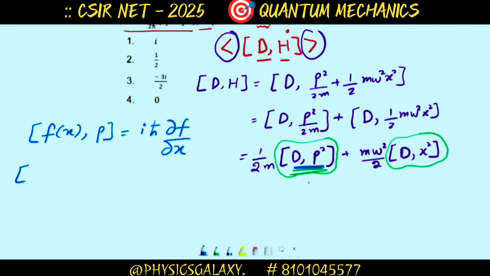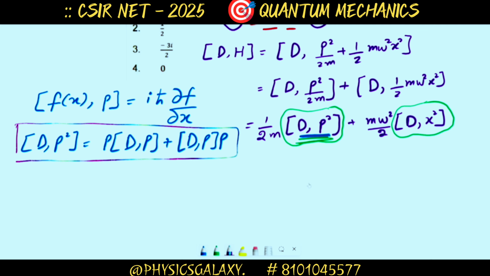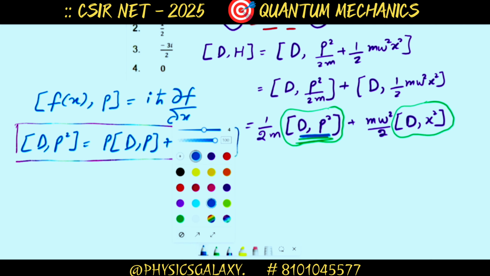So we can write [D, p squared] equals p [D, p] plus [D, p] p, again using the identity, with p outside. This is the other identity that we have used here.